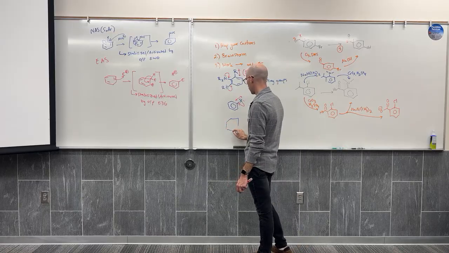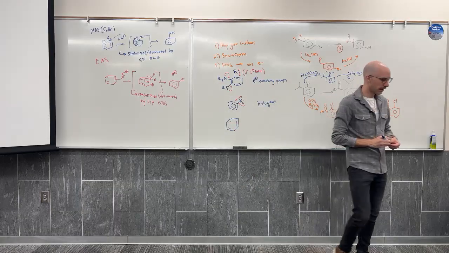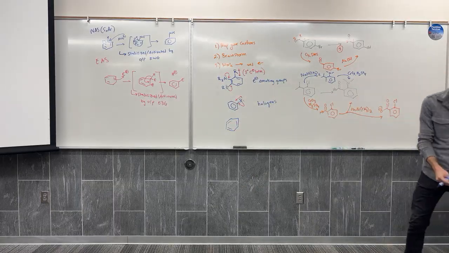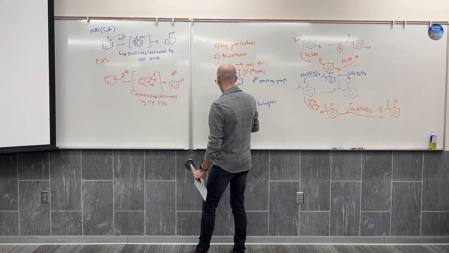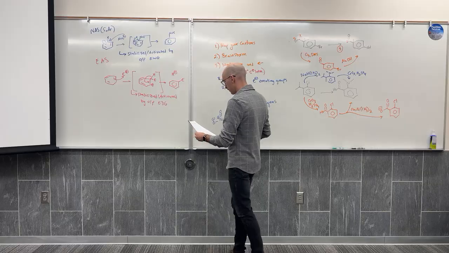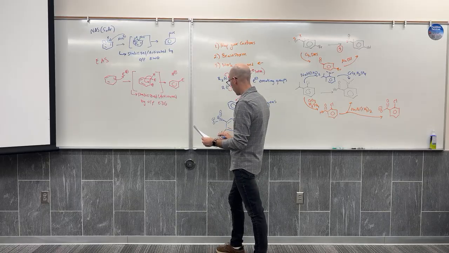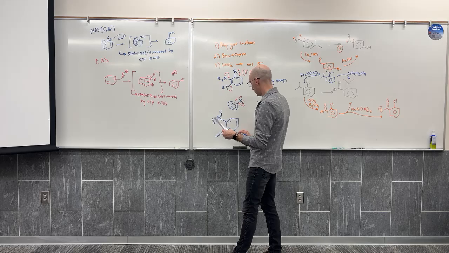And then we have our electron withdrawing groups. The groups I want you to be familiar with as being electron withdrawing groups, that's the nitro group, which we've already spent some time looking at. The nitrile group, we had an NAS mechanism with each of these electron withdrawing groups already.